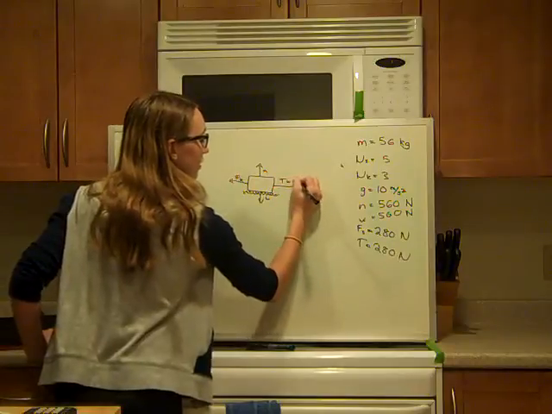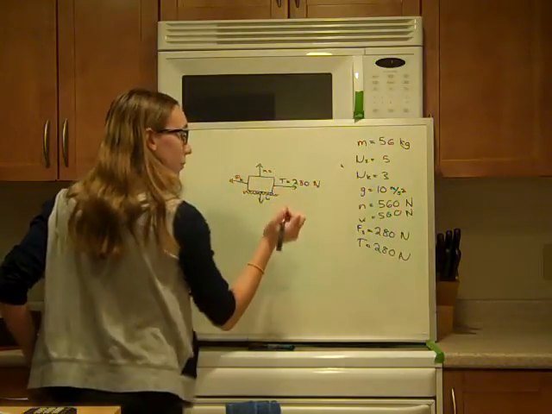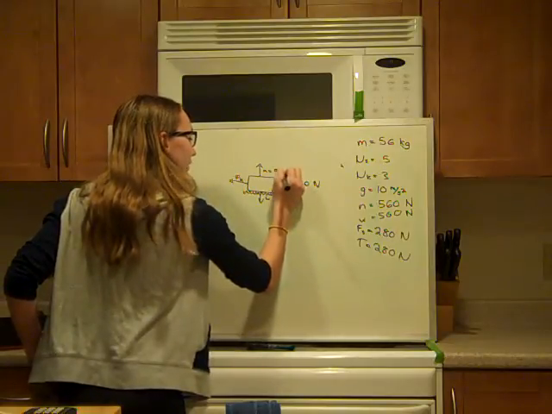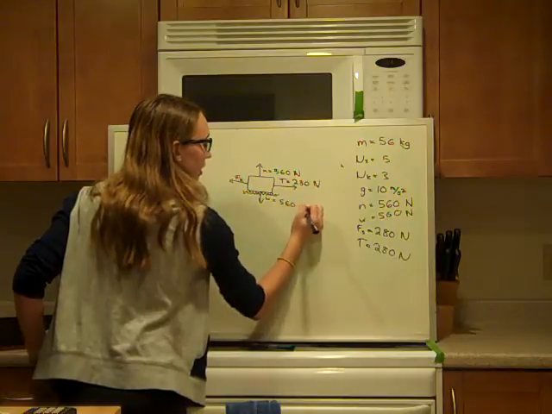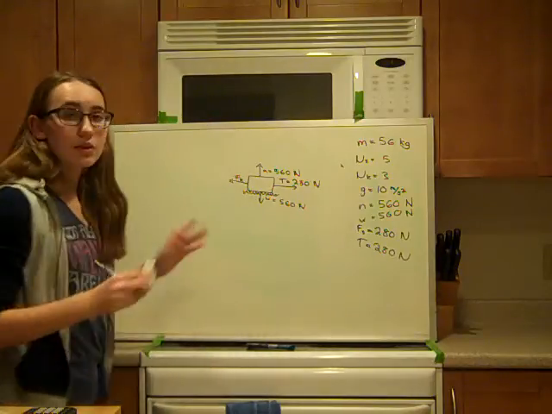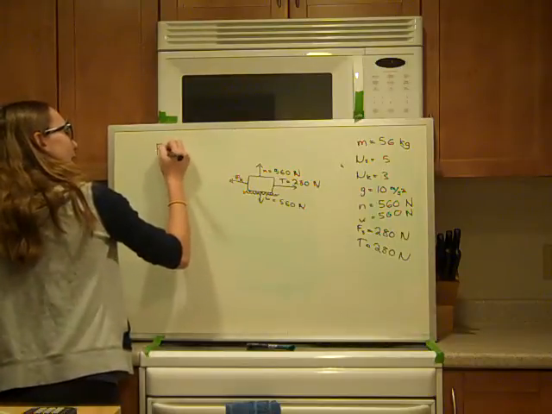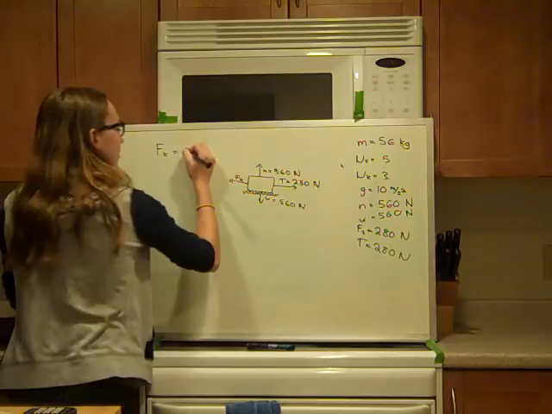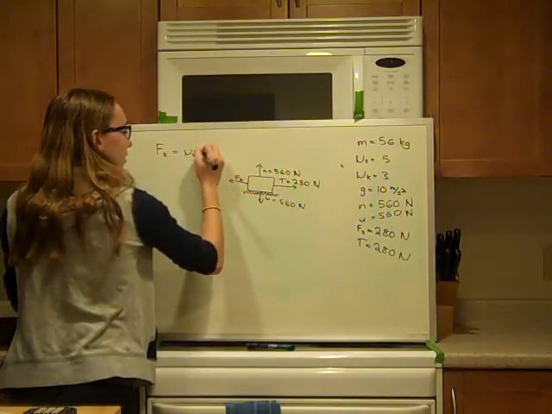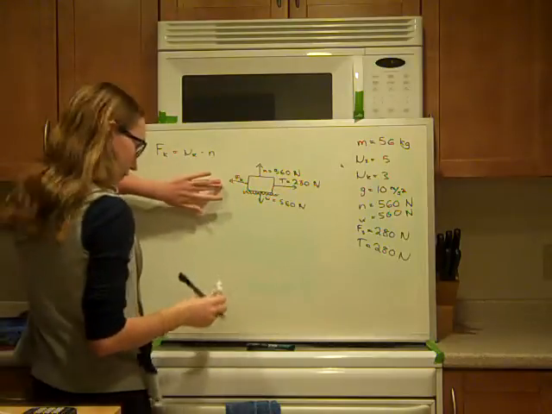So we know that the tension force is 280. We know that the normal force is 560, and we know that the weight is 560. So to find the net force, we only need one more thing. We need the kinetic friction. So kinetic friction is equivalent to the coefficient, all my tape's coming undone, the coefficient of kinetic friction times the normal force.